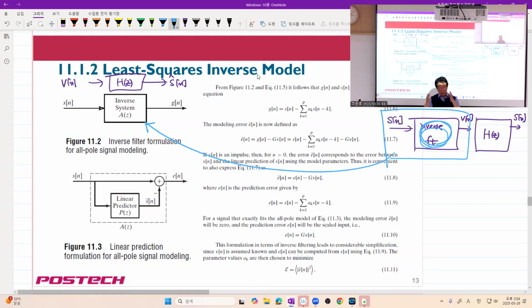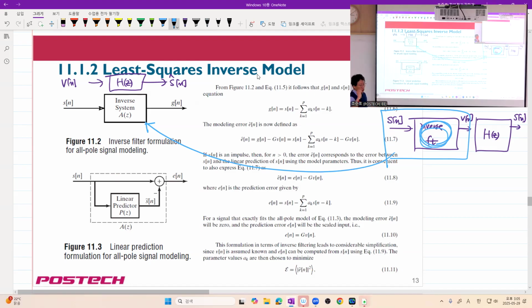People examined the moving average model, the all-pole model, some other models, and among them, the easiest way is to model the system as an all-pole system.